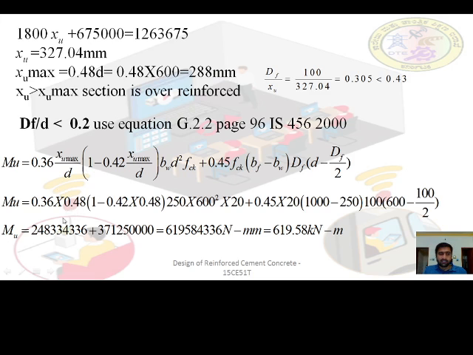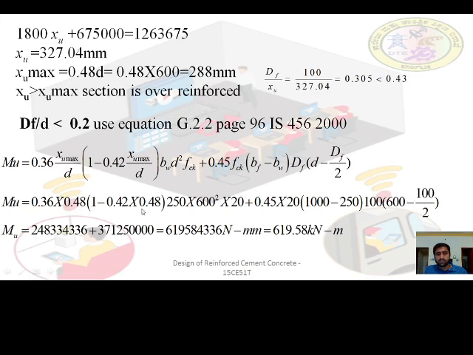So I have written directly 1 minus 0.42 into 0.48, into d. Here, why I have written 0.48 is, this is XU max by d. XU max value is 288, and 288 divided by 600 comes out to be 0.48. That's why I have not shown it here.